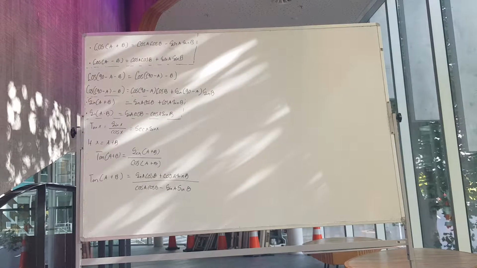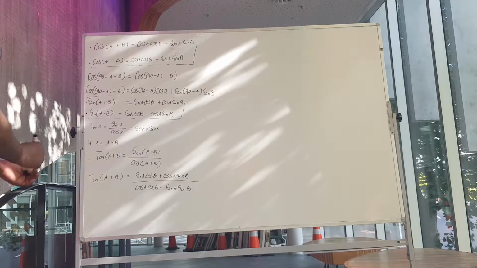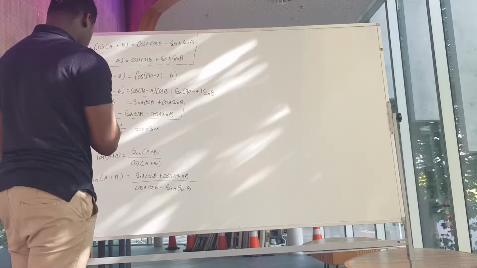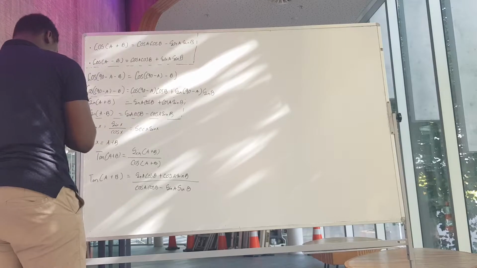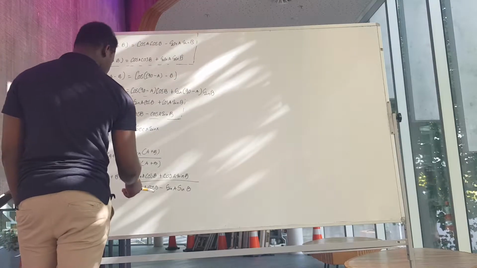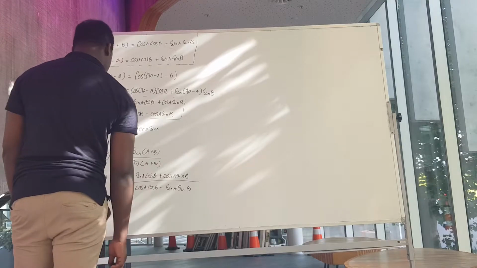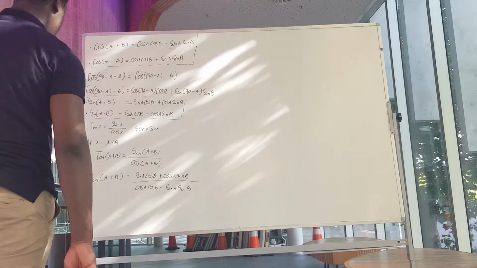That's actually correct, but we want to simplify it. What can we do to simplify this? If I divide all through by cosine a cosine b, we have something good actually.